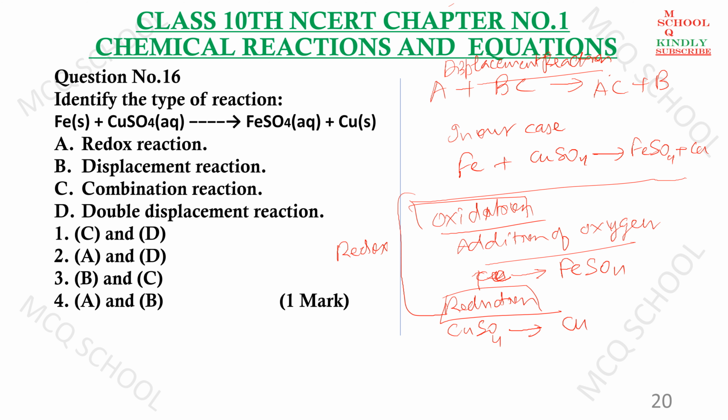Further we check: in case of oxidation there is an addition of oxygen. So in our case, the iron is converted into ferrous sulfate, which means oxidation is happening, and copper sulfate is converted after reaction to copper, so there is a reduction.